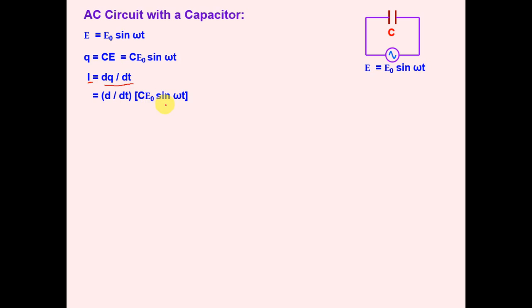C epsilon naught is constant, and the differentiation of sine omega t is cos omega t into omega. So I am writing one more step here: when you differentiate, you get C epsilon naught cos omega t into omega.